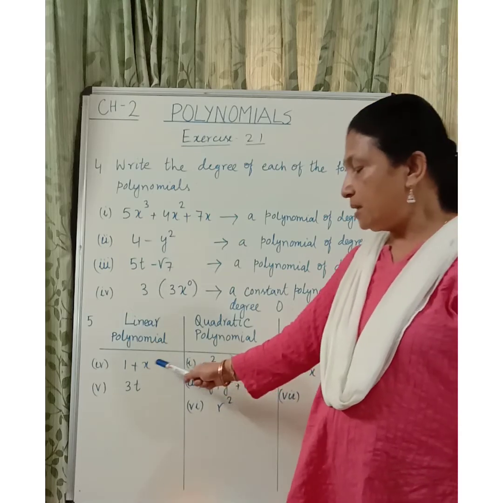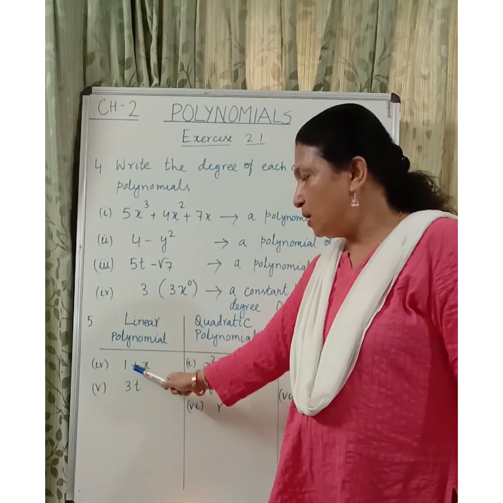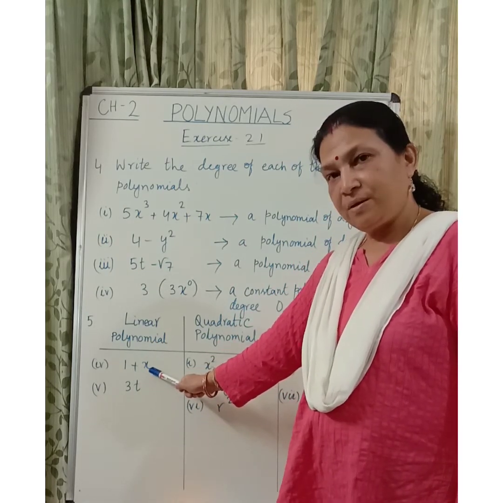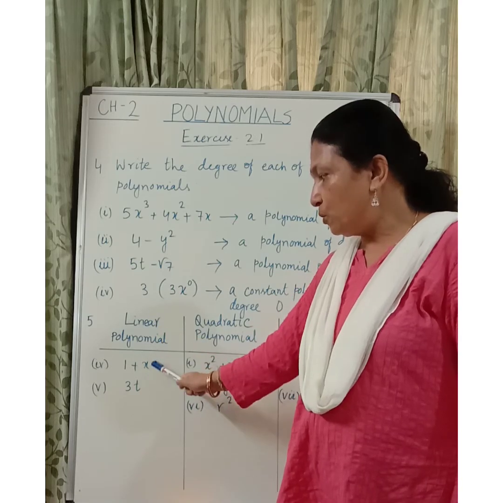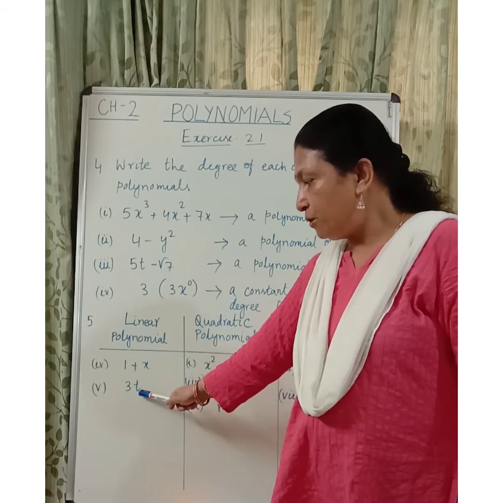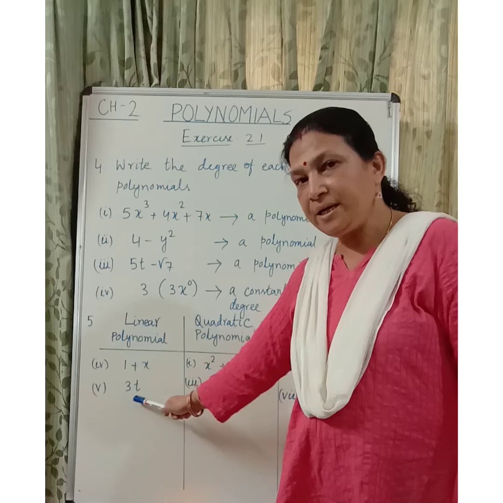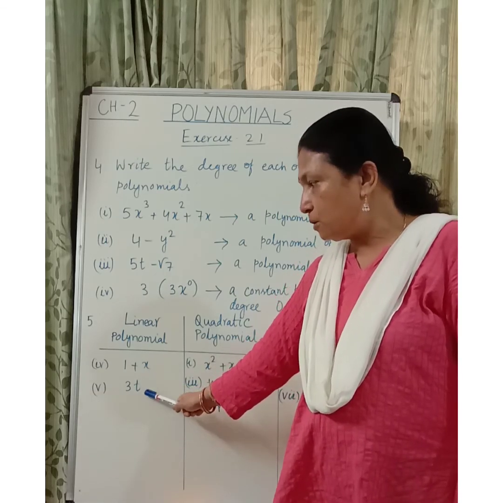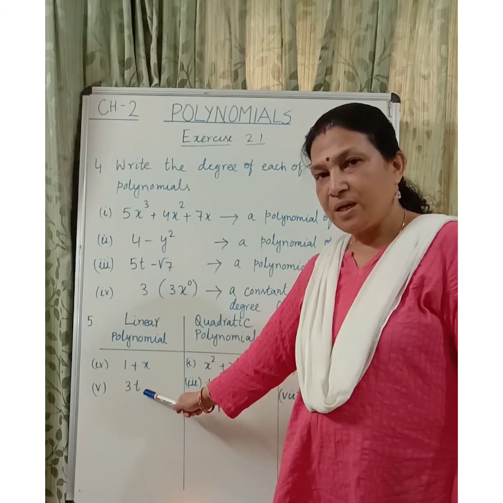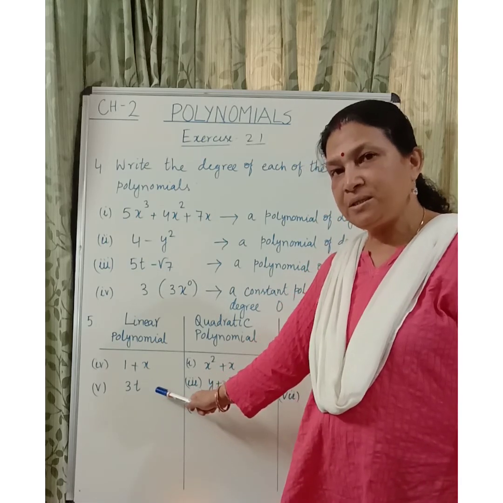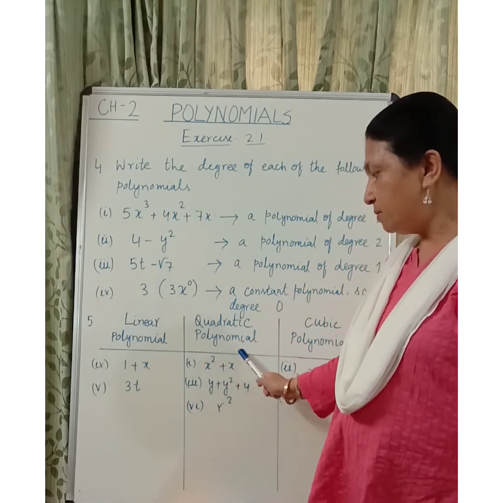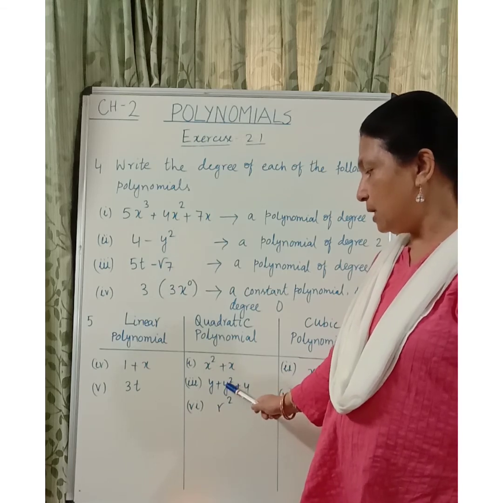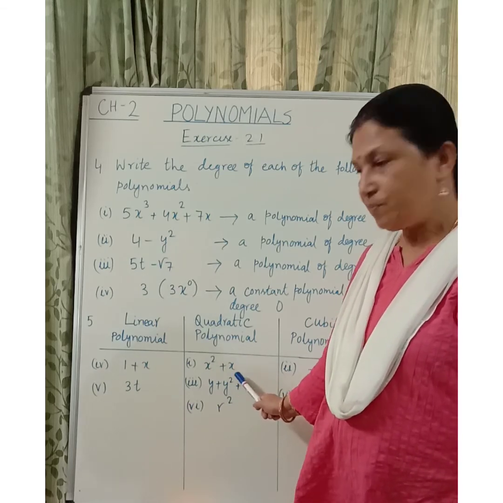You can see the fourth part, we have 1 plus x. So it is a linear polynomial. And the fifth part is 3t, that is also t has power 1. So this is also a linear polynomial. And quadratic polynomial means the variables should have 2 as the highest degree of the polynomial.